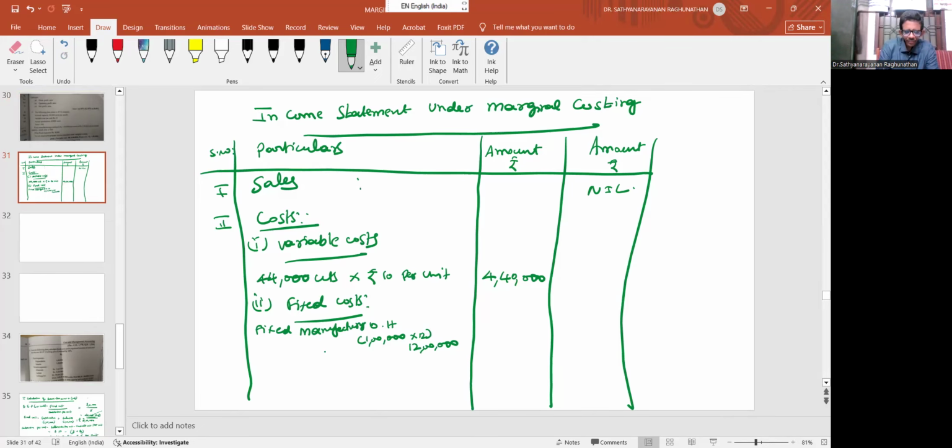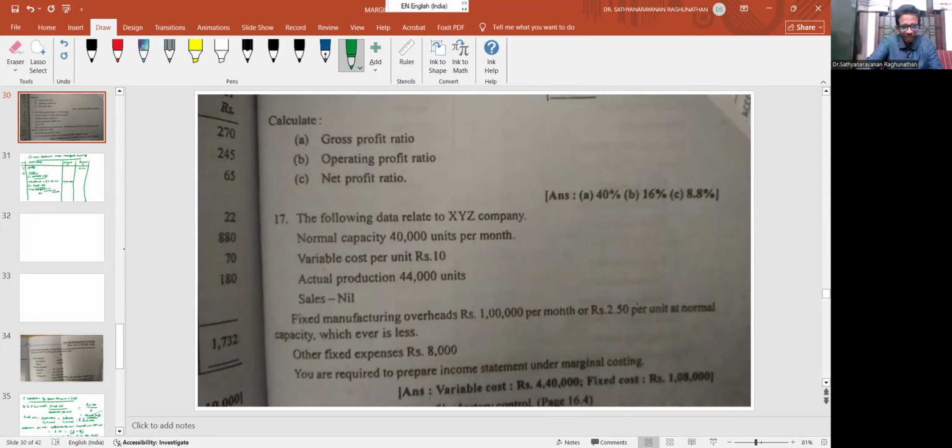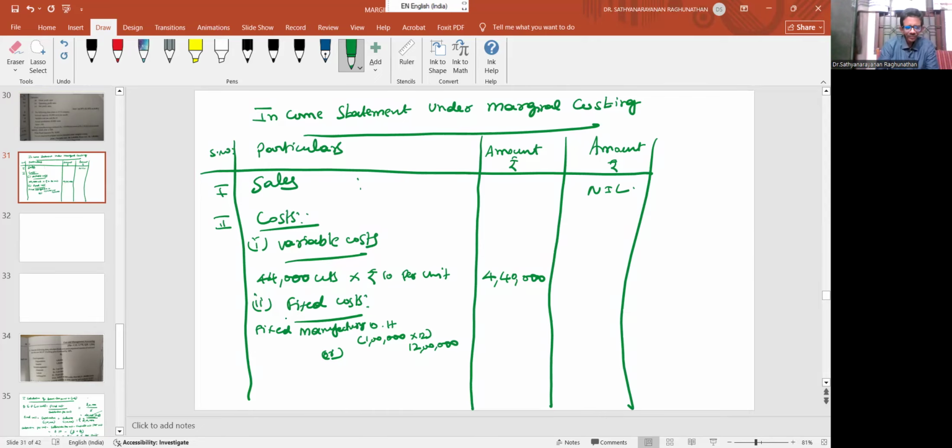Or 2 rupees 50 paisa per unit at normal capacity. Normal capacity is 40,000 units per month. Now 40,000 into 2 rupees 50 paisa, that is 1 lakh.